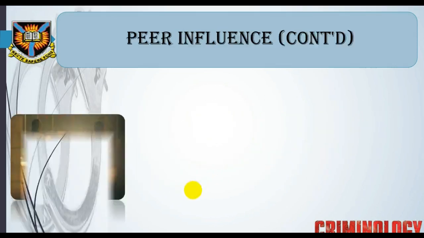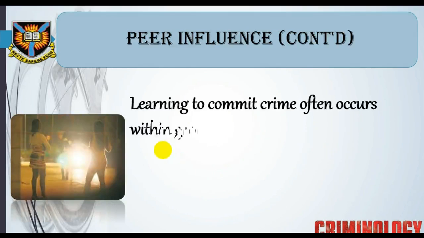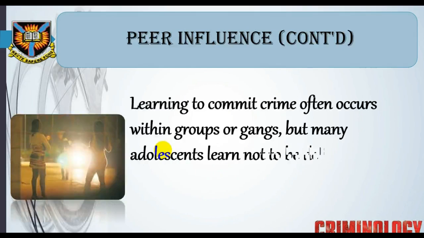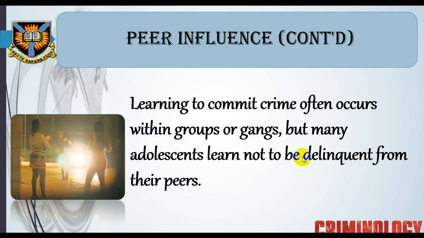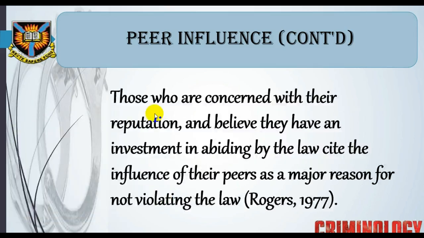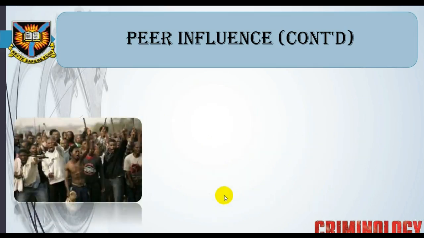Learning to commit crime often occurs within groups or gangs, but many adolescents learn not to be delinquent from their peers. Those who are concerned with their reputation and believe they have an investment in abiding by the law cite the influence of their peers as a major reason for not violating the law. Rogers, 1977.